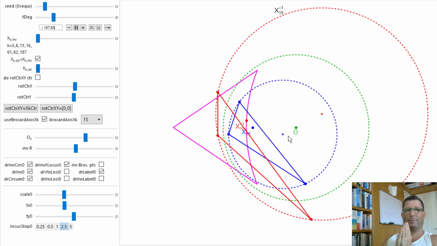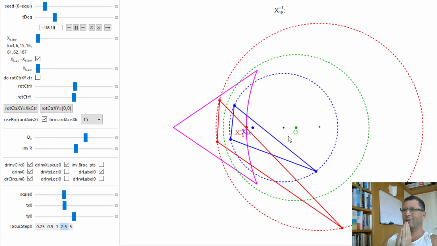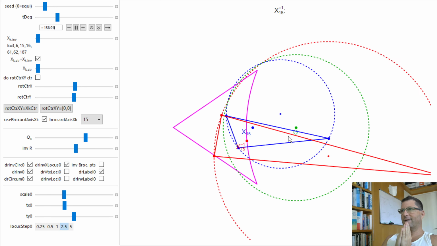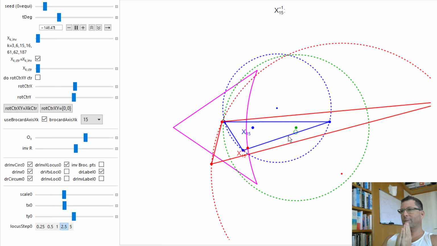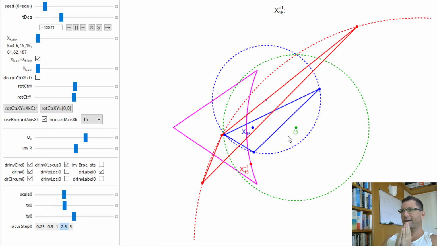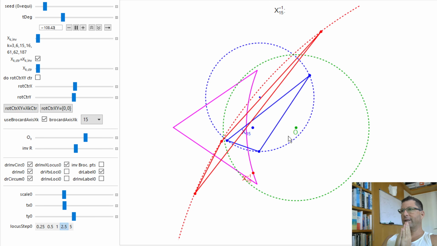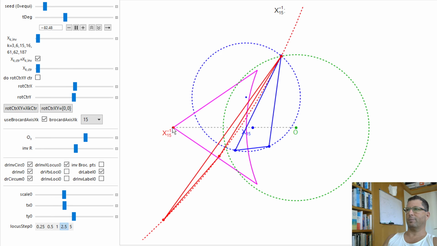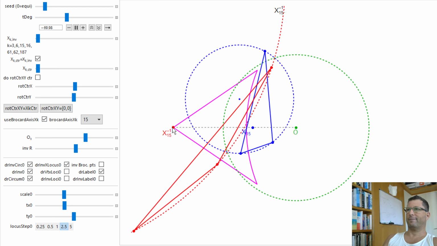And then we repeat this phenomenon again. As the blue circumcircle rotates counterclockwise, it's going to come to a situation where the red polygon is going to evert and O is going to become exterior, and x15 is going to be at the tip of the arc, and then it's going to jump to that stationary location.